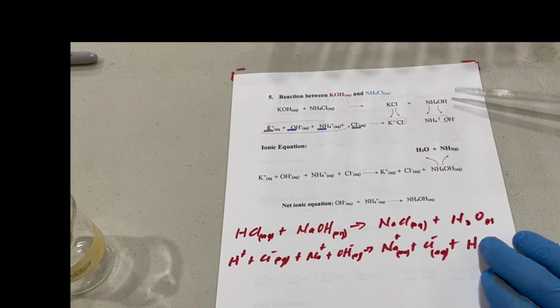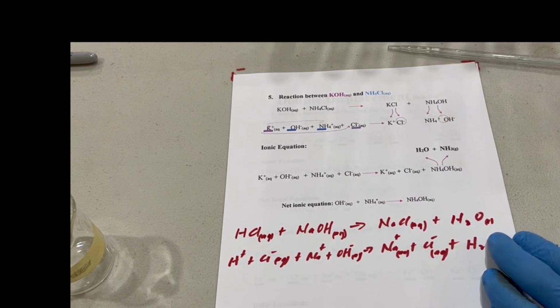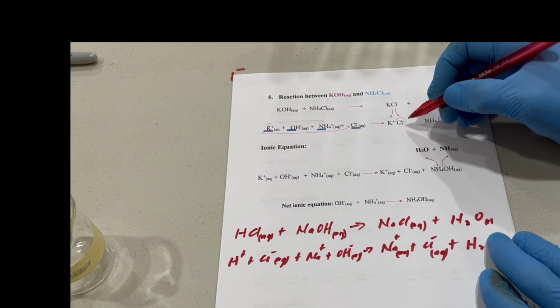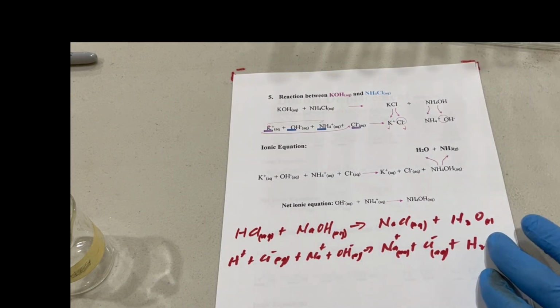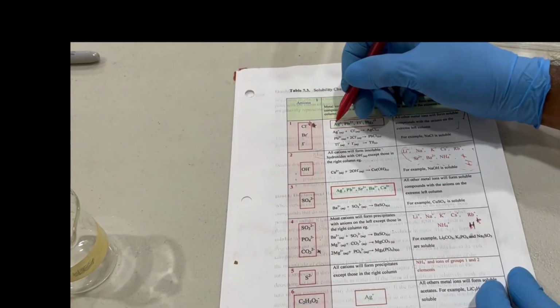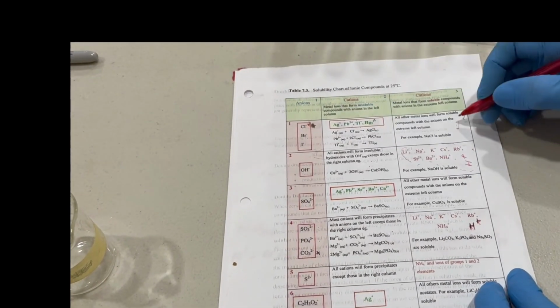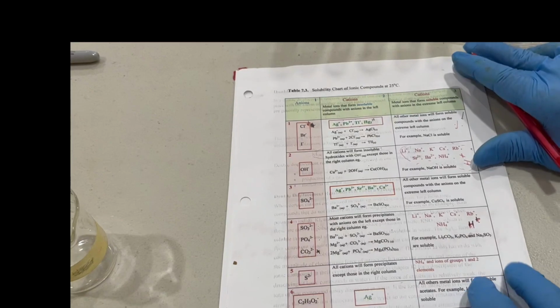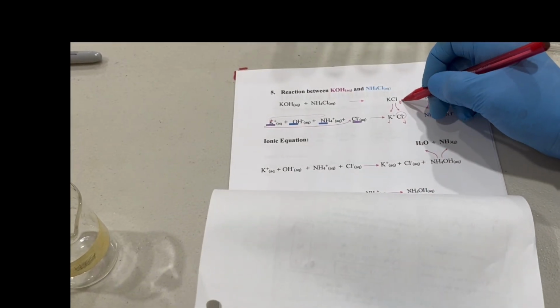We break these into the cations here. So we now check the solubility of chloride ions with potassium there. Go where chloride ion is located. Chloride ion is here. Is potassium amongst these? No, it must be in this column marked as soluble. So we can now see that it's a soluble compound here, aqueous.